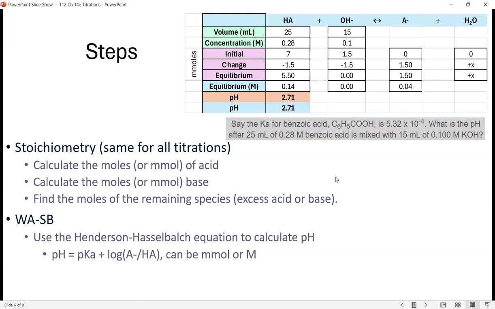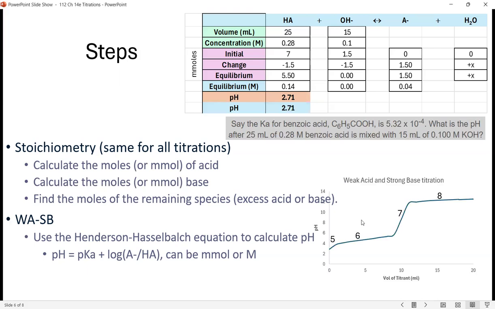And here I'll show you, you get the exact same answer if you use the concentrations. And why it works is because over here we have millimoles over millimoles. And how would we get that to molarity? We divide both the top and the bottom by the total volume. And since you're dividing the top and the bottom by the same thing, it's effectively 1. All right, so that allows you then to solve for here.